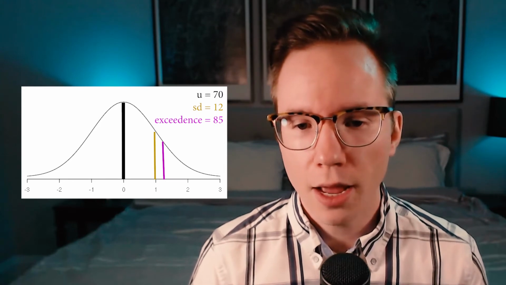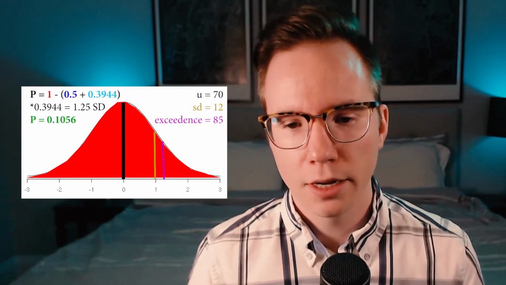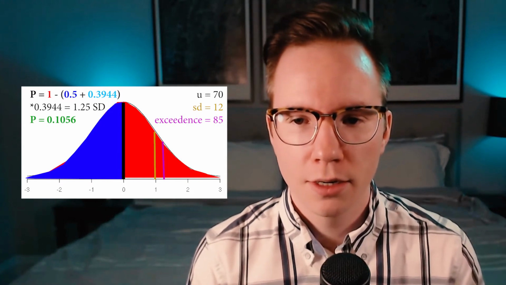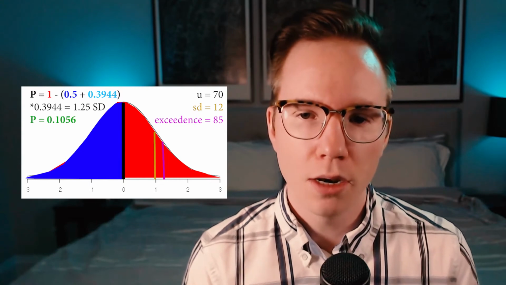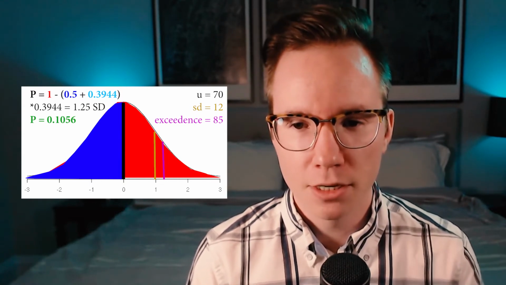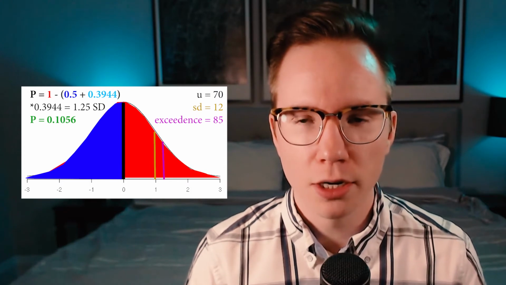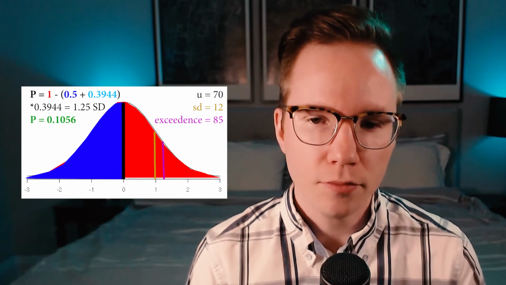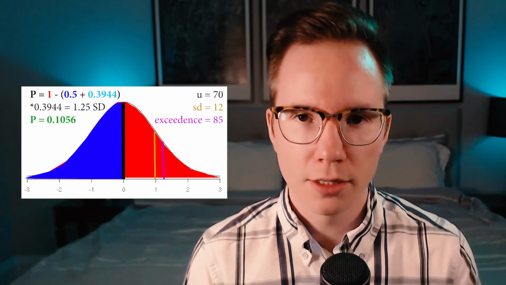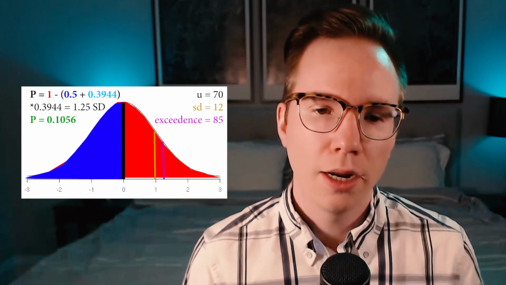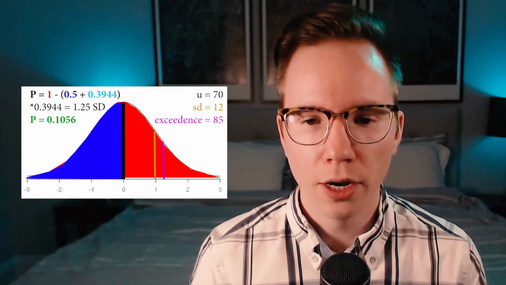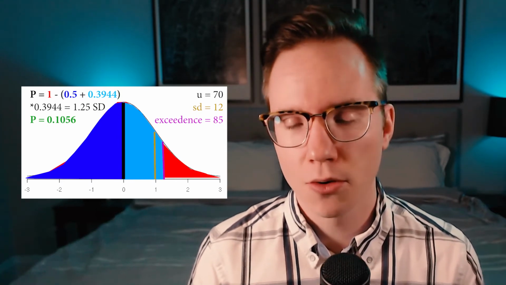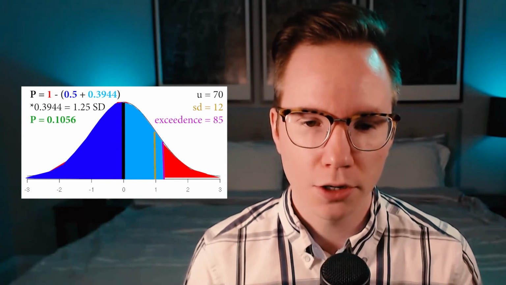To calculate that, we can do 1 minus, and then in brackets, 0.5, because 0.5 represents the area left of the mean under the curve, since the area under the distribution is always 1, because it's 100% of the area. So 0.5 represents the area to the left of the mean, and we're adding it to 0.3944, which we got from the previous calculation.